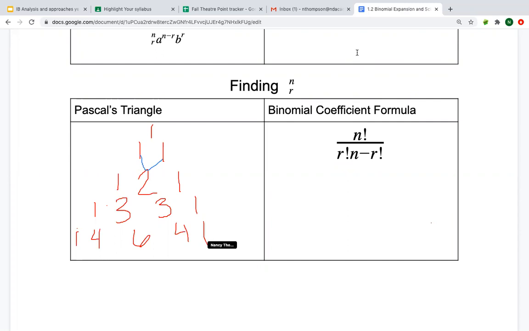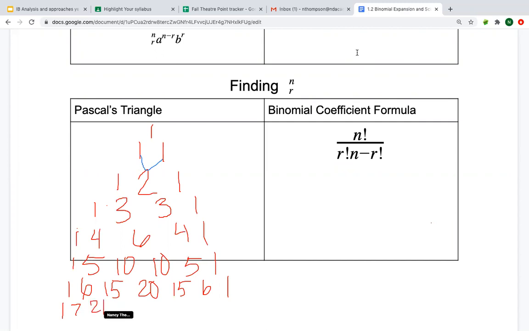And the next row would be 1, 5, 10, 10, 5, 1, 1, 6, 15, 20, 15, 6, 1, and so on, so forth. And I am running out of room, but good thing I'm right here at the end, because our last one is the row that we need. 1, 8.